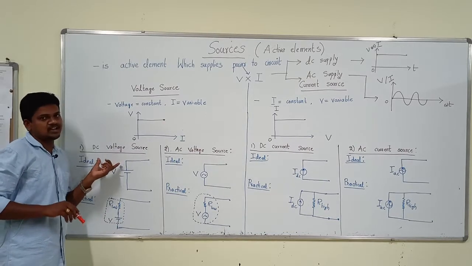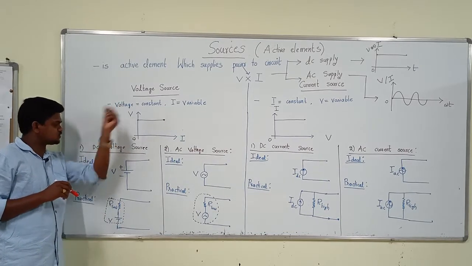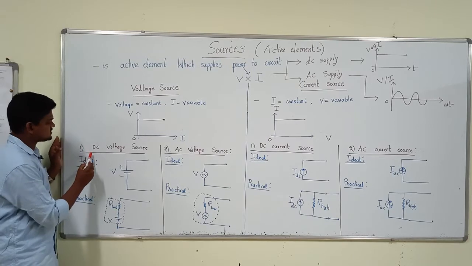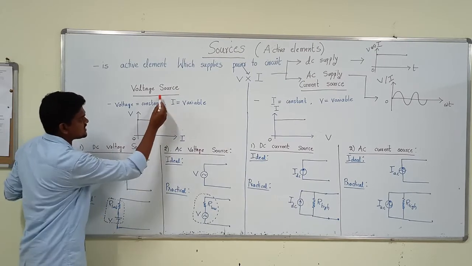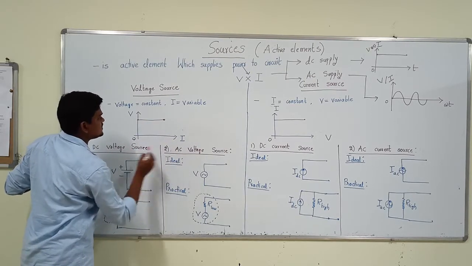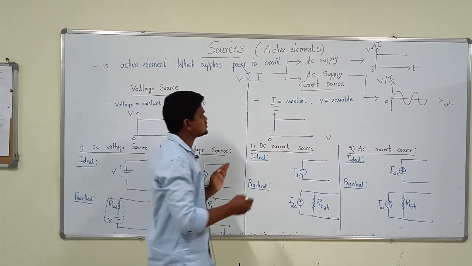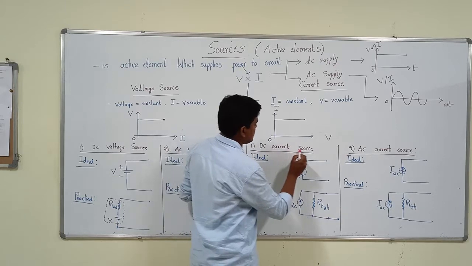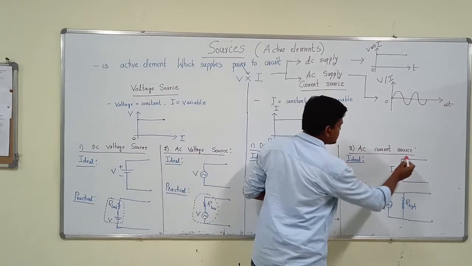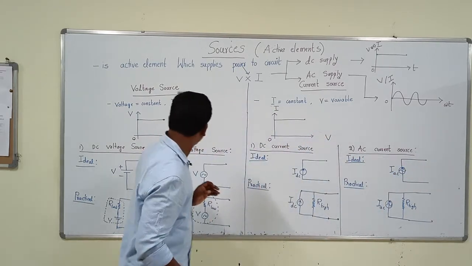Voltage sources can be divided into two types: the DC voltage source and the AC voltage source, depending only on the supply. Similarly, current sources are also two types: DC current source and AC current source.